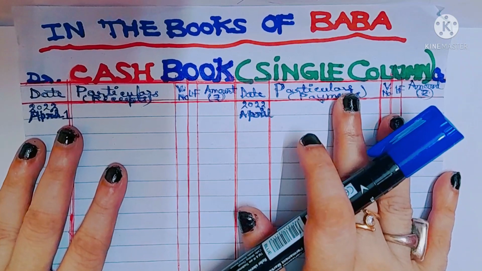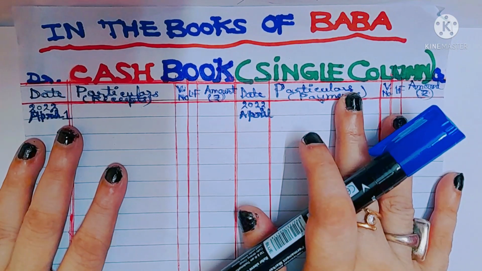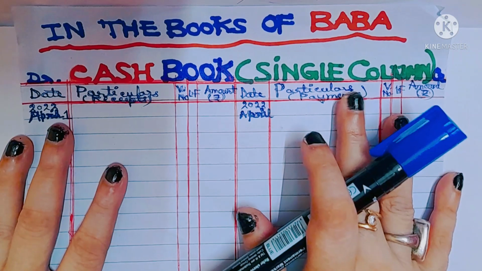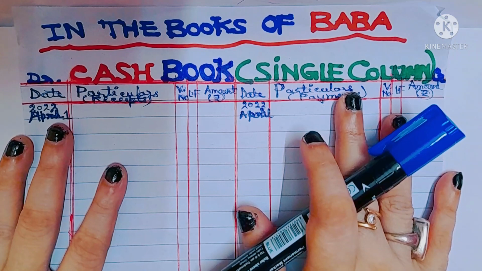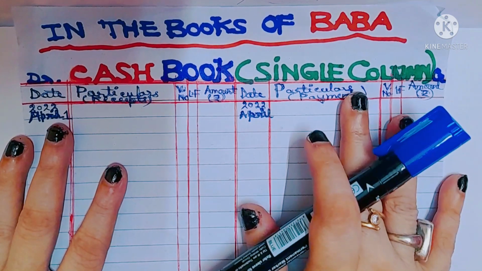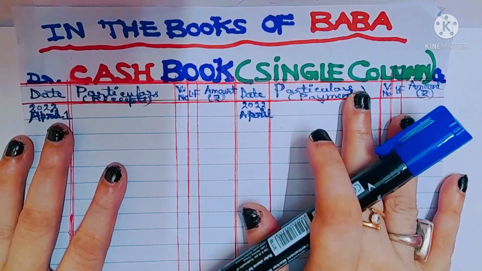In a double column cash book, there is a cash column as well as a bank column. There, cash transactions are recorded in the cash column and any transactions related to bank are recorded in the bank column. Okay, so let's go through the problem.